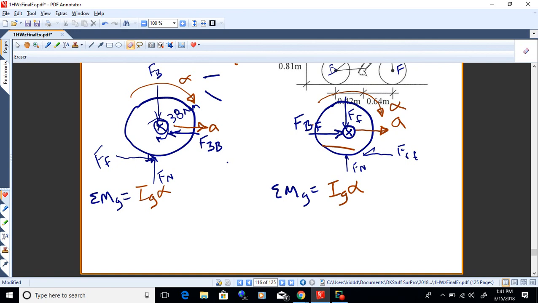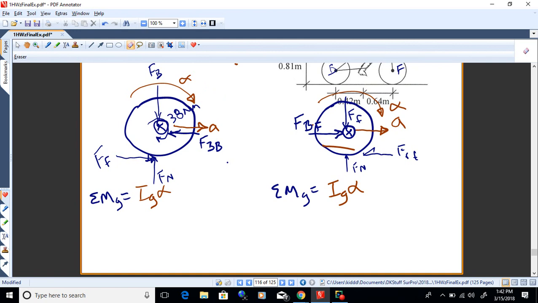Not wide, back. I have to remember that one. Okay, for starters, get those moment equations about the centers of the wheel. For those, you'll need the moments of inertia.